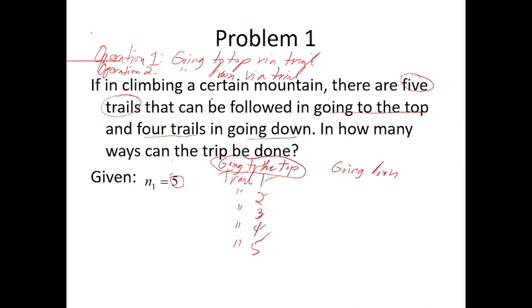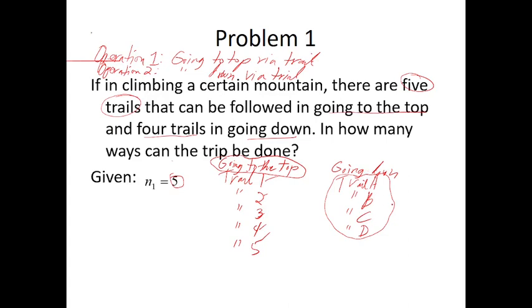As mentioned in the problem, there are 4 trails: trail A, trail B, trail C, and trail D. So there are 4 ways in performing operation number 2, going down via trail.